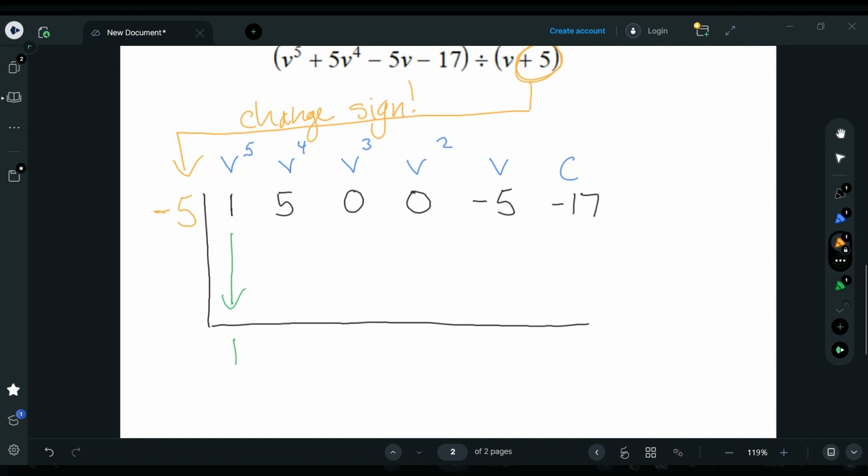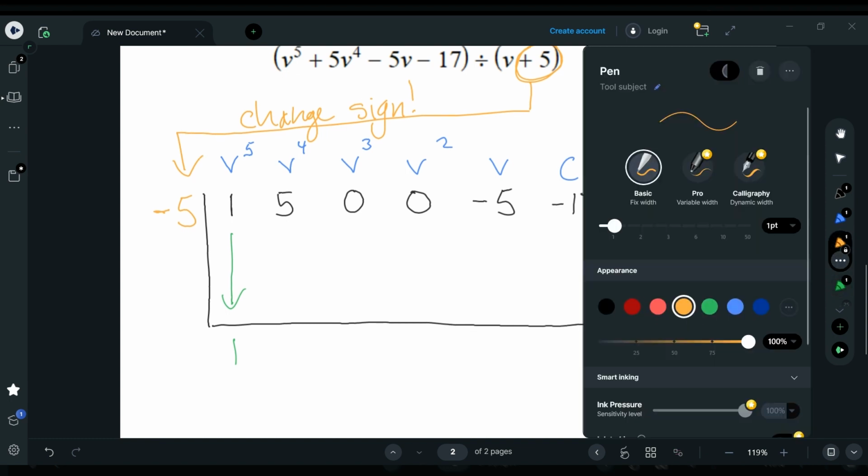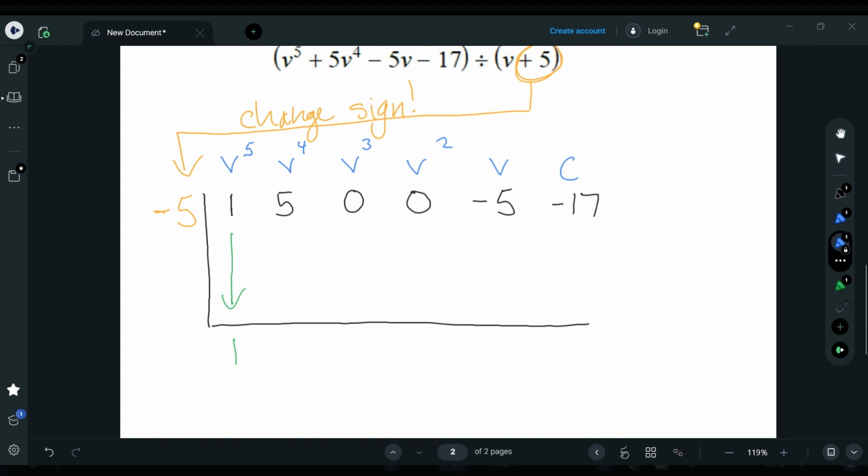And then remember, any number that's below the line, we're going to multiply that by the negative 5. So we're going to do 1 times negative 5 and put that answer right here above the line. 1 times negative 5 is a negative 5.